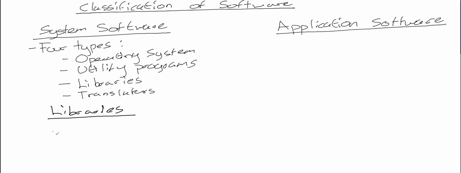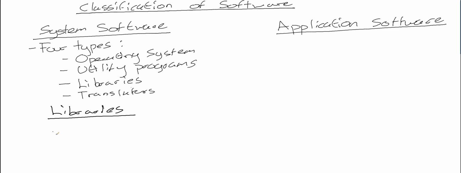Okay, so libraries are ready compiled programs that can be run by other programs when they're needed. To give you a bit of a practical example of this, most programming languages such as Python will have their own libraries built into the language with pre-written functions that a programmer can use when they're writing their own code.